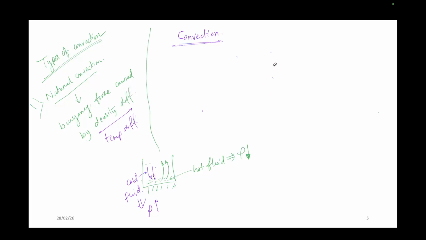Any confusion up to this? So we will wait 1 minute before starting into this forced convection part.